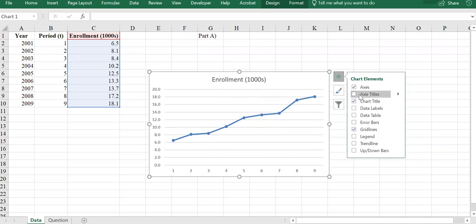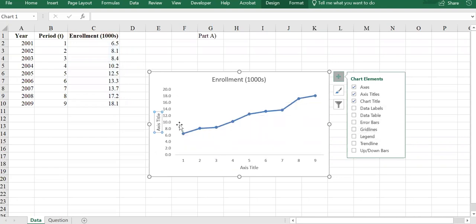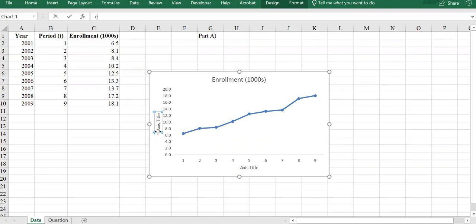So I'm just going to add axis titles and get rid of the grid lines. The vertical axis is enrollment number, and the horizontal axis would be period. All right.